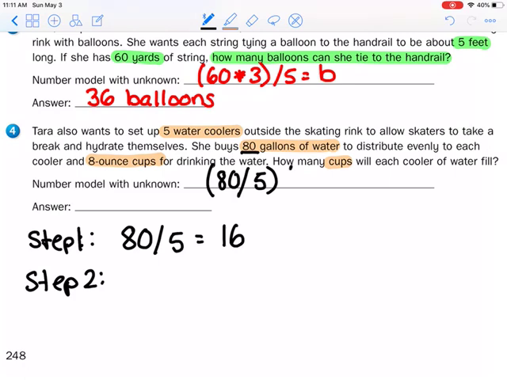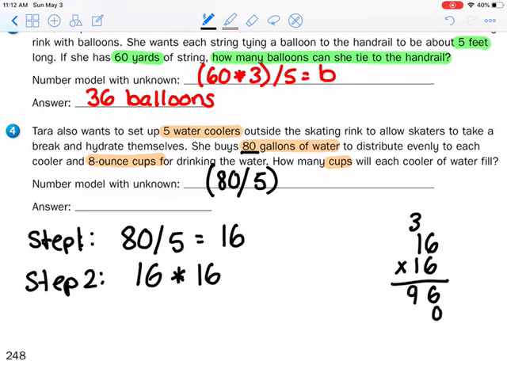All right. So now we have to take that 16, which was 80 divided by 5, and multiply it by 16. And if I do that over here, 6 times 6 is 36. 6 times 1 is 6. Plus 3 is 9. 1 times my 0 placeholder. 1 times 6 is 6.